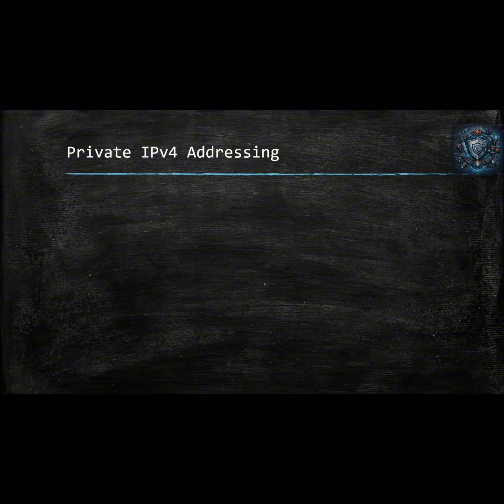So now we'll talk about private IPv4 addressing. Also known as RFC 1918, that is the standard that defines private IPv4 addressing. Used inside private networks, like your home, or maybe like your office building.